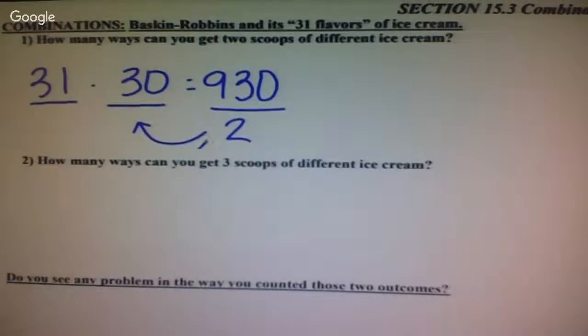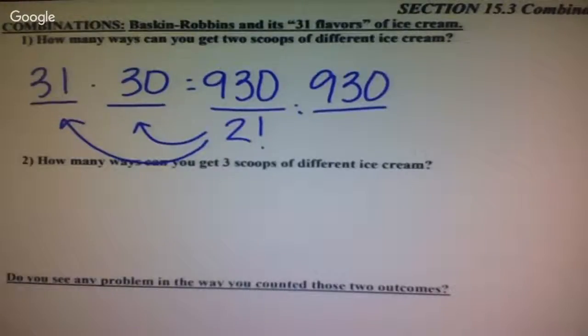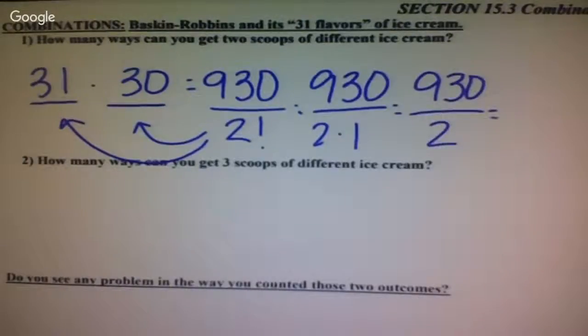I got that from here because there were 2 slots. 2 factorial is 2 times 1. So 930 divided by 2 is 465.